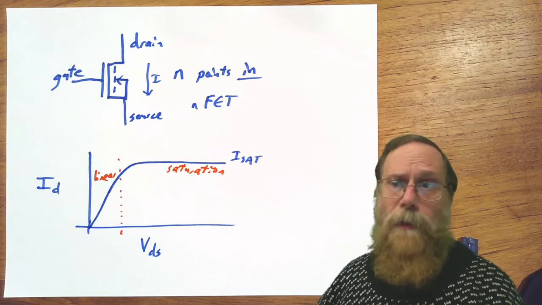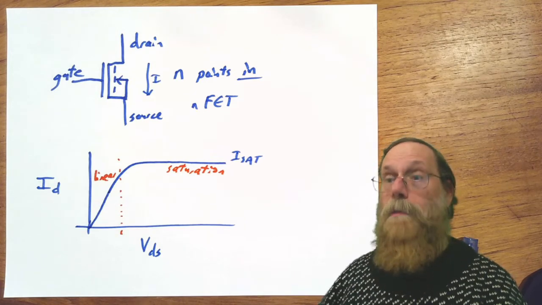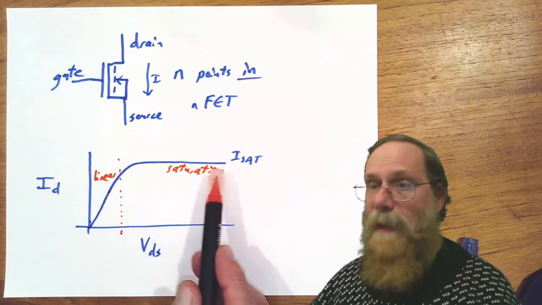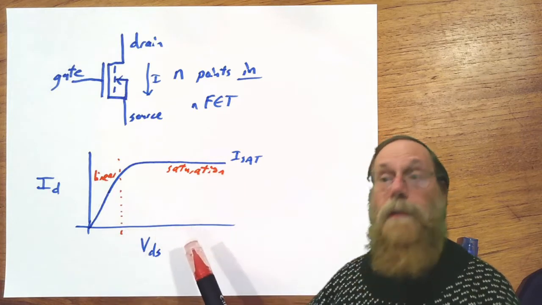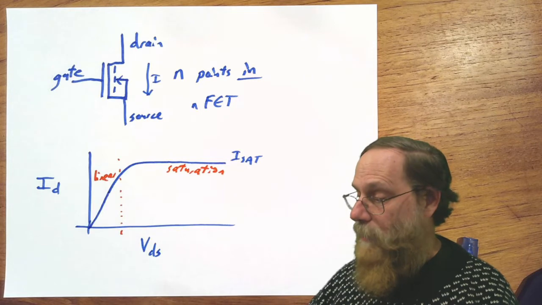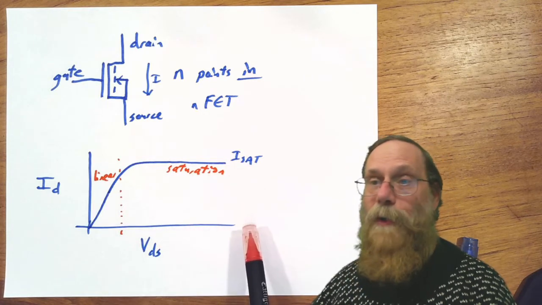Since we're going to be using the field effect transistors mainly as power transistors, putting a large current through them, we don't really want to be in the saturation region, because in that region, if you look at how much power is dissipated in this device, we're not getting any more current as we increase the voltage.